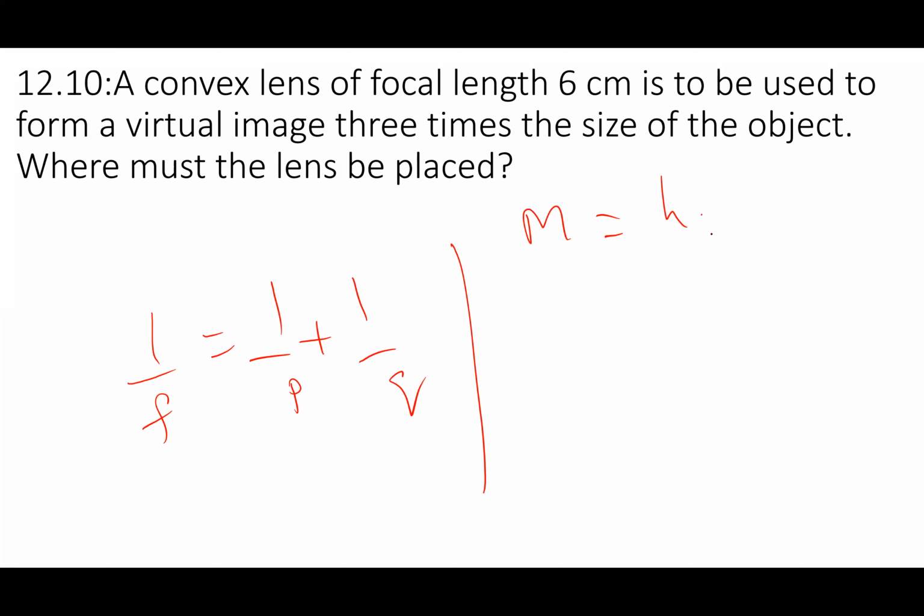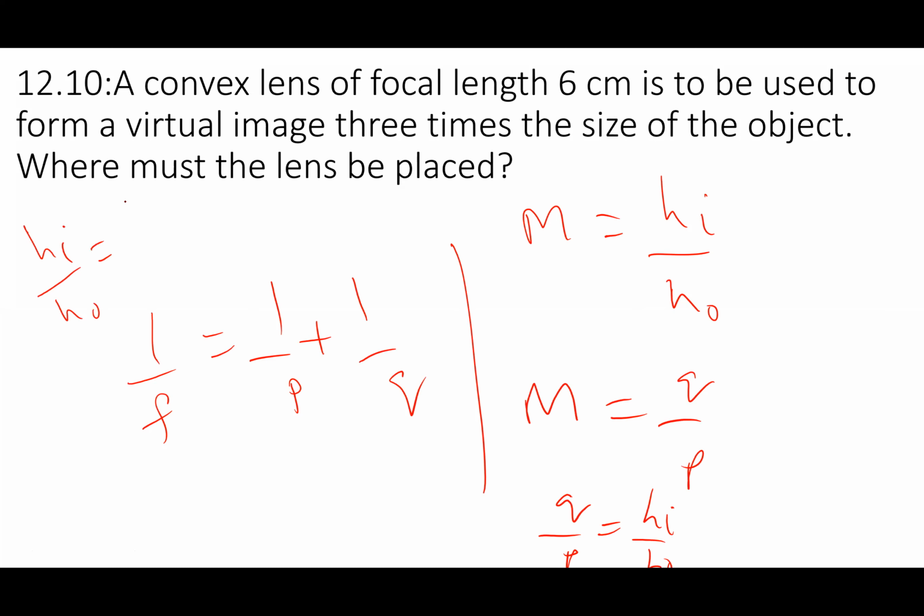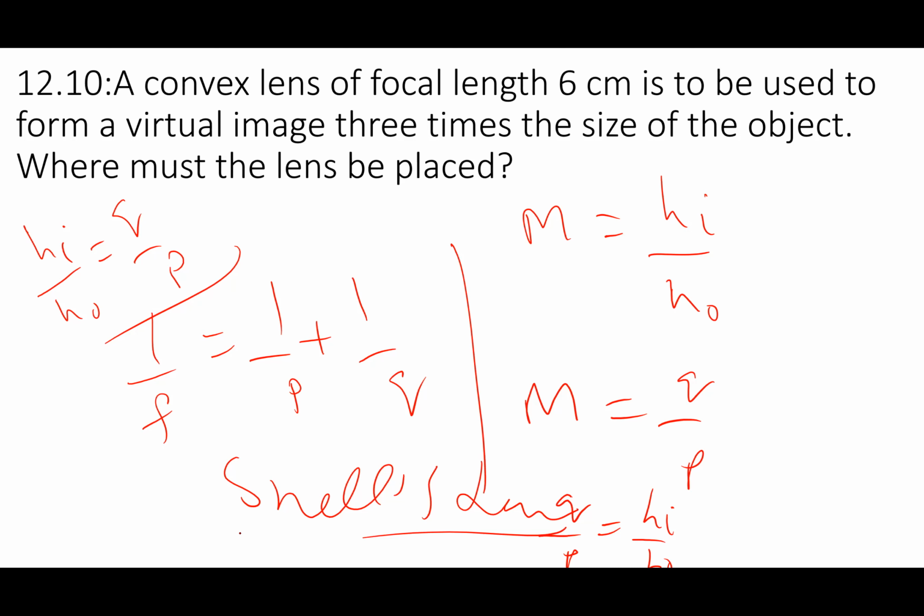Magnification is equal to height of image to height of object. Magnification is equal to q by p. Q by p is equal to height of image to height of object. All these equations, and Snell's law. You can do all the questions of this chapter.